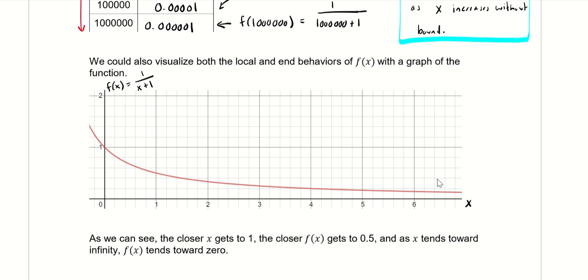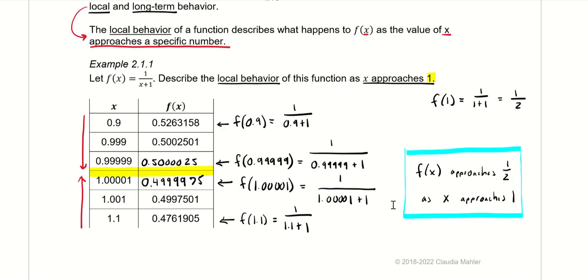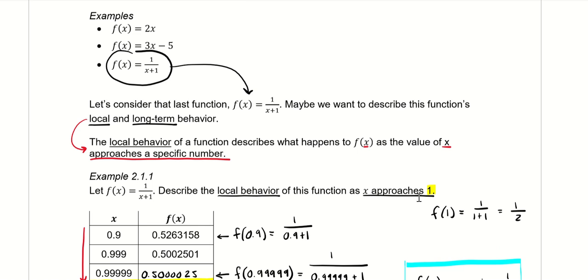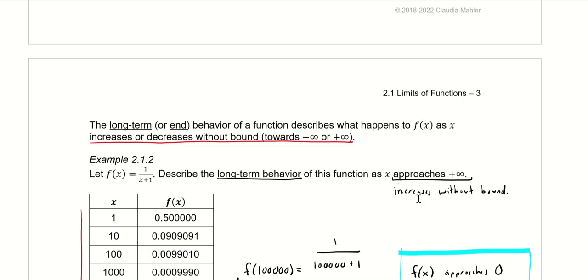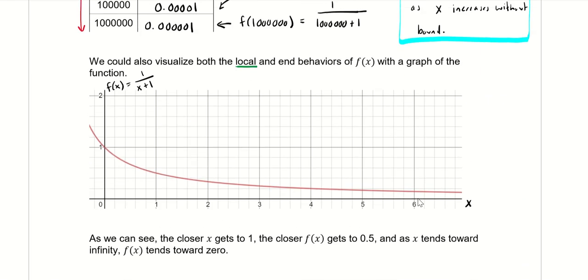So we talked about local and end behavior. With the local behavior, we talked about the local behavior at x equals 1, or as x approaches 1. If we think about this visual, here's the value of x that we care about.